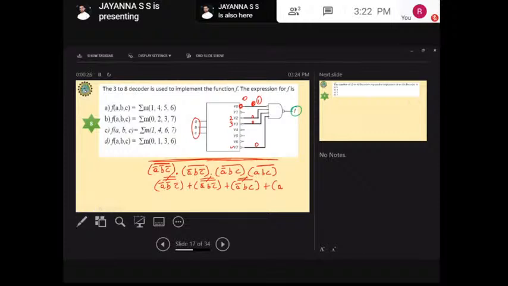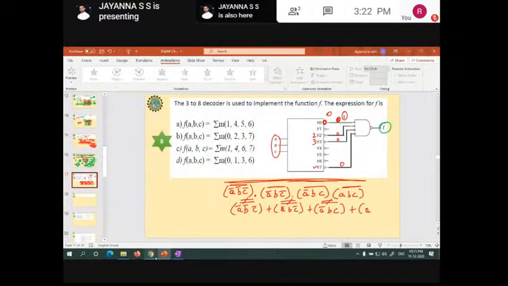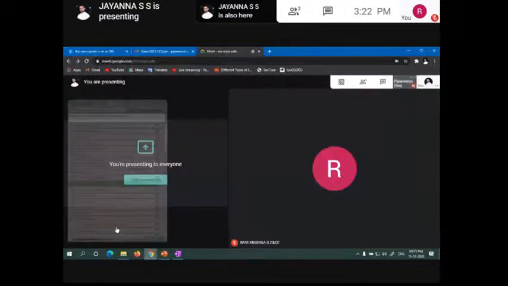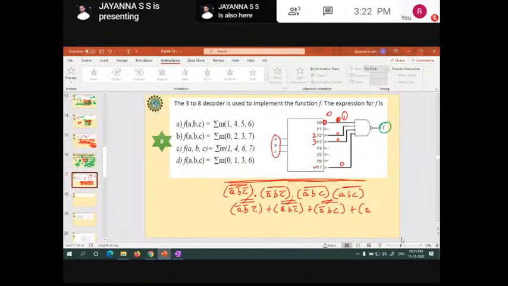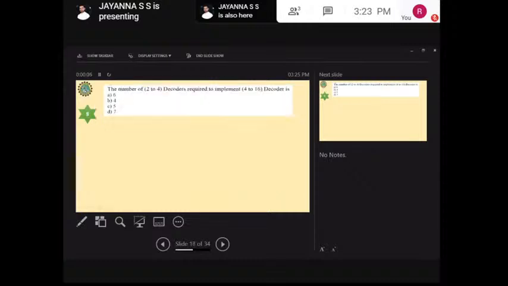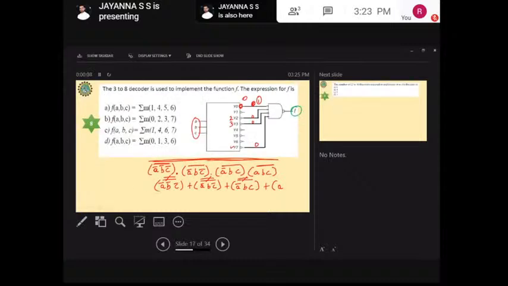Okay. Here you can see that this one is 0. It is active low. This one is active low.